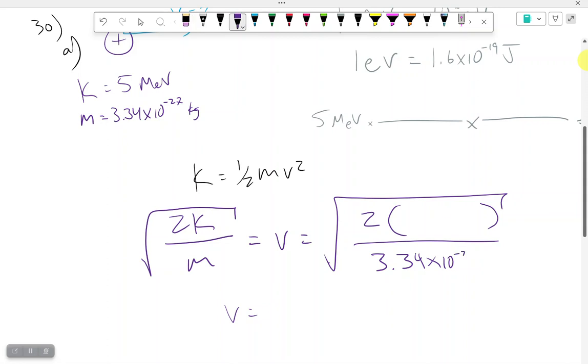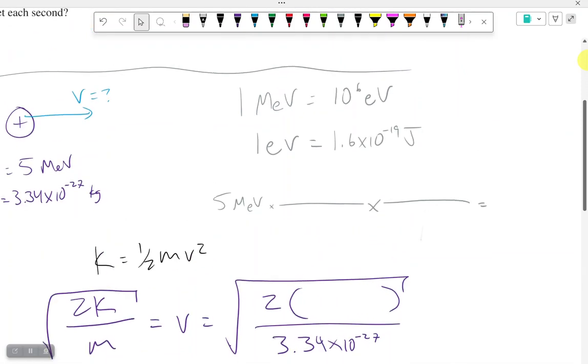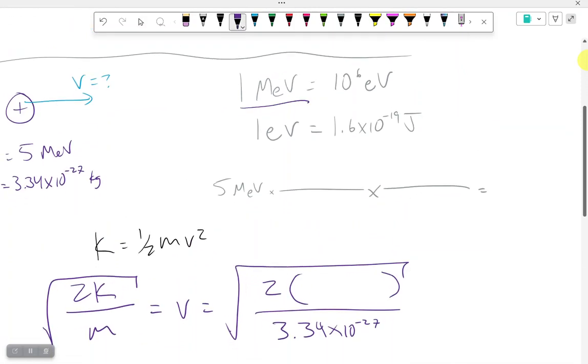But we have to convert to joules here. 1 mega electron volt is 10 to the 6 electron volts, and 1 electron volt is 1.6 times 10 to the negative 19 joules. That's the amount of energy it takes to move an electron through 1 volt. So 1 MeV is 10 to the 6 eV, and my mega electron volts cancel out.